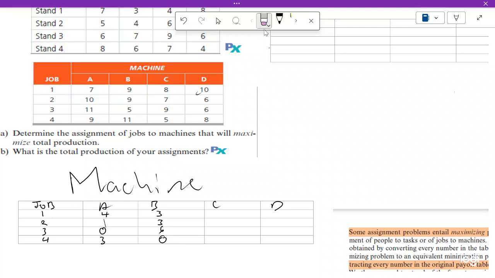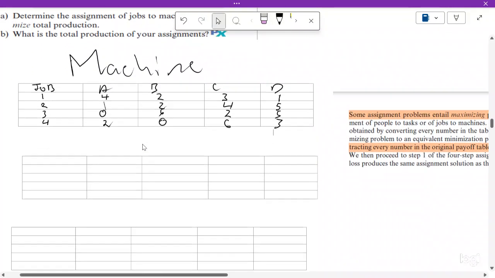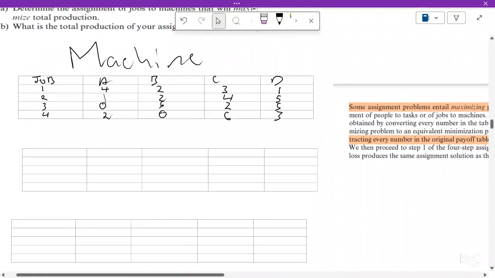Guys, you cannot keep quiet when I'm making mistakes. 11 minus 9, guys. Then 11 minus 8 is 3. 11 minus 5, 6. Right? 11 minus 10 is 1. 11 minus 6 is 5. Then we have our first table now. We are moving right along.